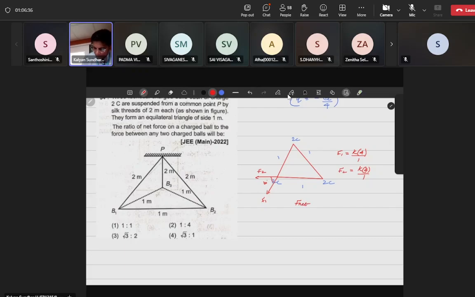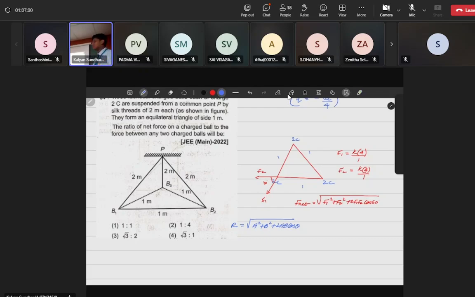F net will be equal to root of F1 square plus F2 square plus 2 times F1 F2 cos 60. Correct? For the new students, this is an expression to find the resultant of any vectors: A square plus B square plus 2AB cos theta.